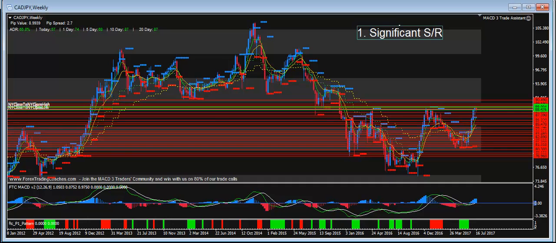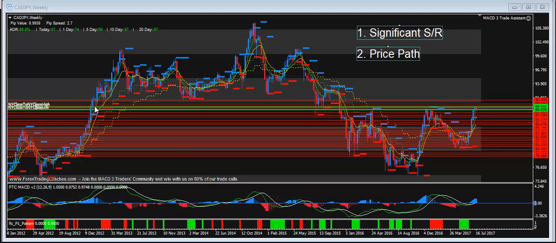So number one is significant support and resistance. Number two is what we call price path. What happened last time price got to this area or broke this area? For example, like we alluded to earlier, if it plows through this level and takes off to the buy side, then we can see a nice price path. What did it do last time?